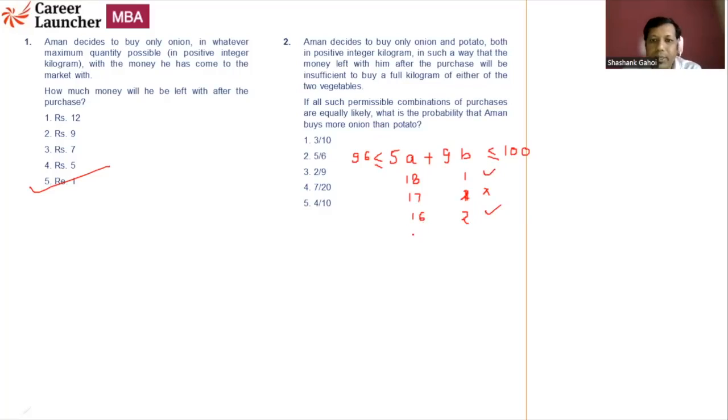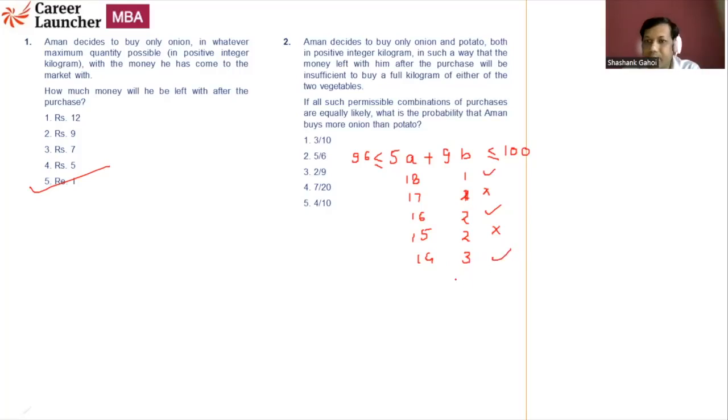If we take 15 kg, that is 75. 75 means 25 left. With 25, he can buy 2 kg, and still more than 5 rupees are going to be left. So not possible. If I talk about 14 and 3, does it satisfy? Yes, 70 and 27.